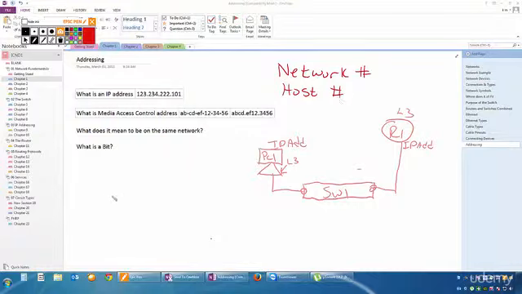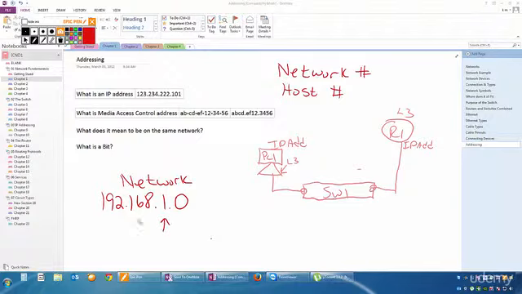For now, think of the network number as your network A, network B. So if I had a network number of 192.168.1.0, this is telling me this is the network that I belong to. My network number is going to be 192.168.1. We do read it from left to right.